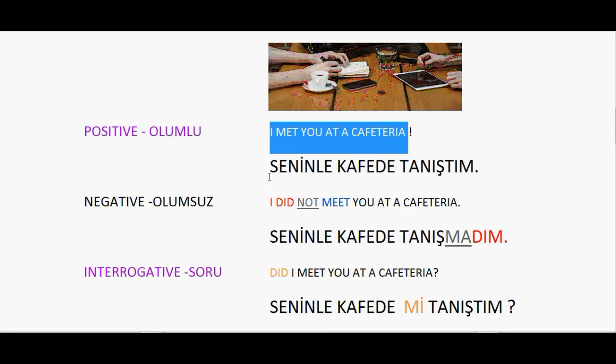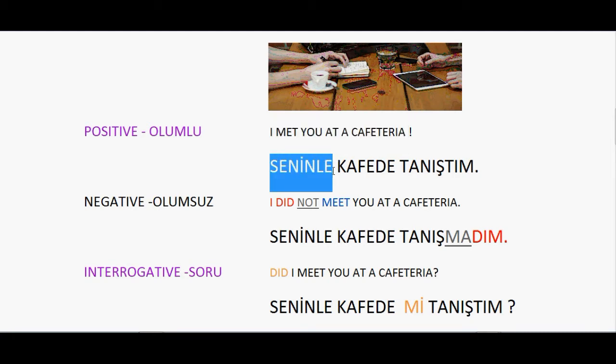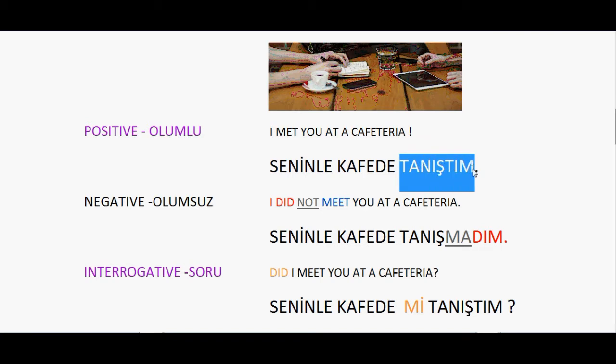So in Turkish for this we say seninle kafede tanıştım. Okay, all right. So here guys, tanışmak, that's the base form of the verb. But as I said earlier, we should use the base form of the verb, which is the command, so tanış.